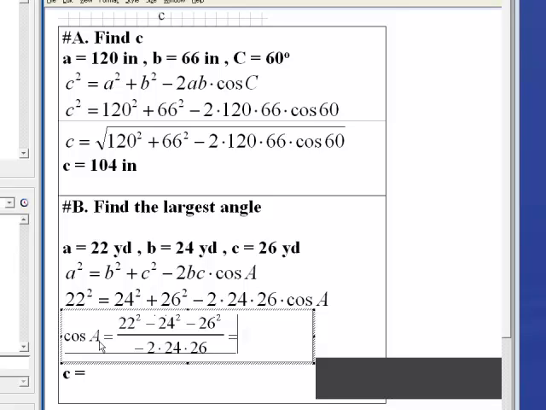They could have just told us to determine all the angles, because to find the largest angle, we have to determine all the angles.